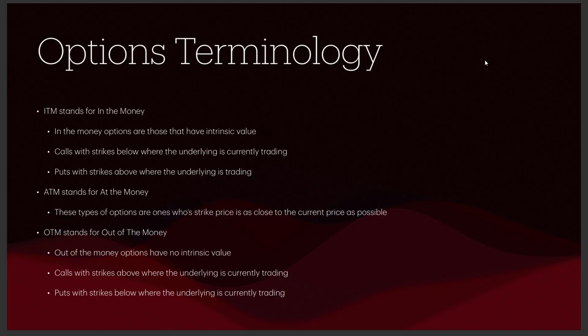So we have a little bit of options terminology that I'm going to go over here. We have ITM, which stands for in the money. In the money options are those that have intrinsic value, meaning that when their strike is beyond the underlying price, the contract itself has value, since the options contract is controlling 100 shares, and the difference between the strike price and the underlying gives you a certain amount of value.